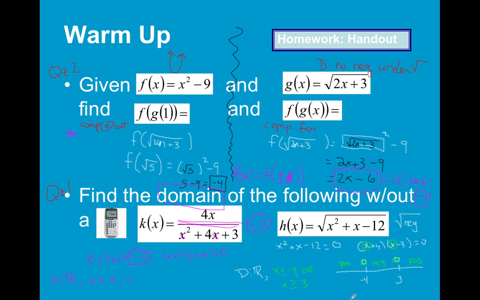There's my domain. So the things that you should think to yourself are this. Notice for the first problem I was only worried about division by 0. X was squared and I had to kick out 2 x's. When I was worried about negatives, I had a quadratic under the radical, so there were 2 numbers that created 0, and then I just had to worry about where my positives and negatives were.